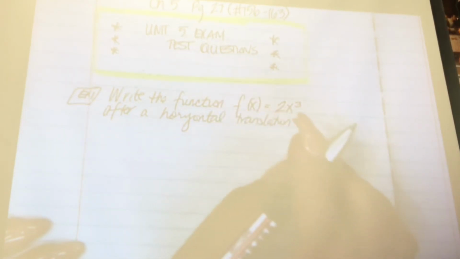A question that you will see on your exam will say something like, write the function f of x equaling 2x cubed after a horizontal translation of 3 units to the left.